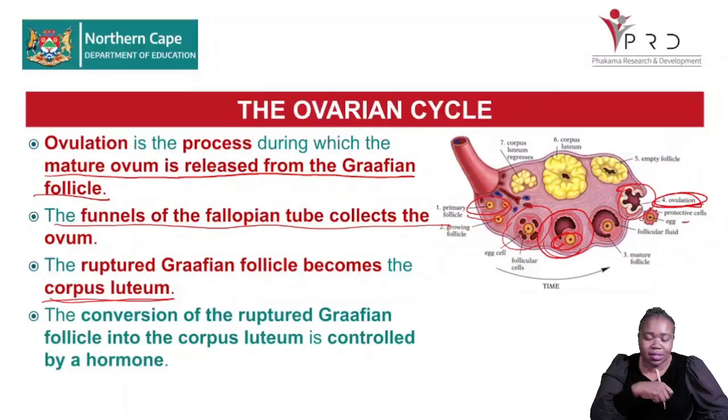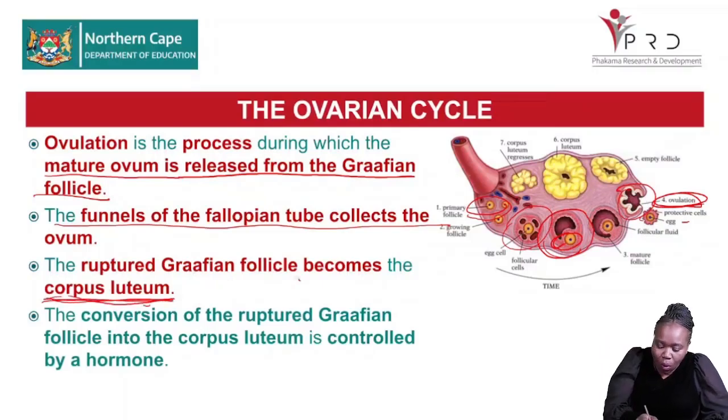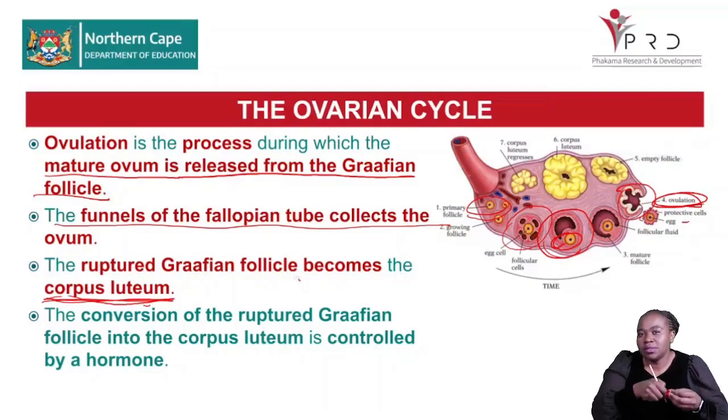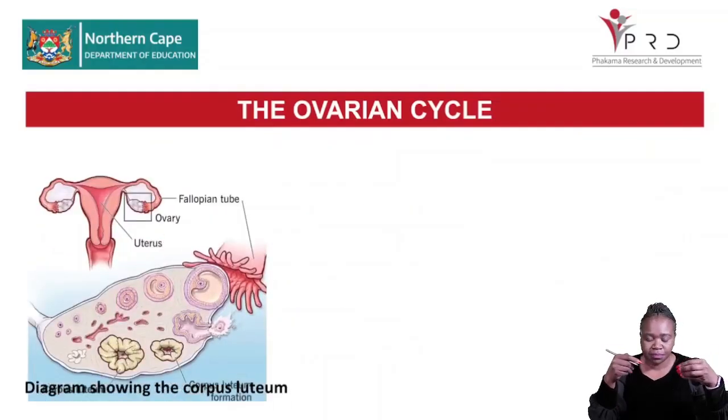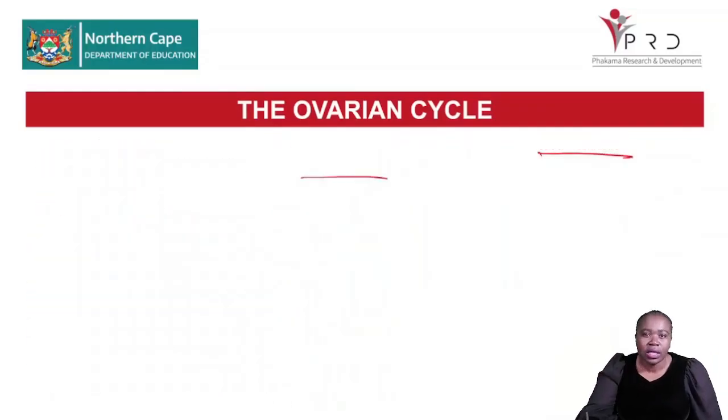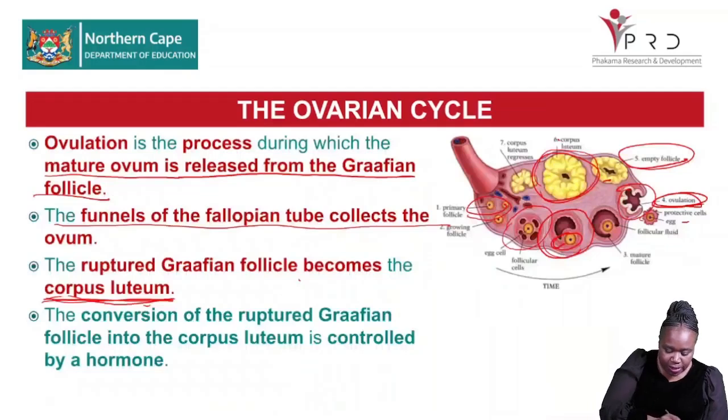Now, when this conversion of the Graafian follicle into a corpus luteum occurs, it occurs due to the function of a hormone called the luteinizing hormone. Because the luteinizing hormone causes ovulation as well, it is going to cause ovulation, rupturing of the Graafian follicle, and then cause that ruptured Graafian follicle to now become a corpus luteum, as we can see over here.